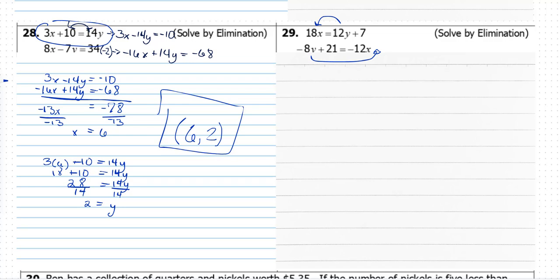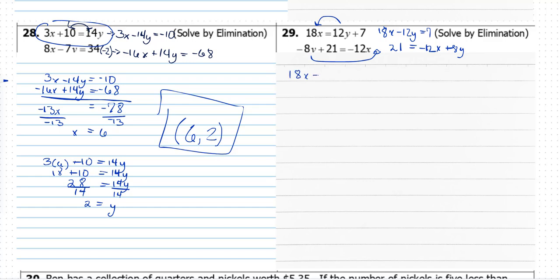So when I rewrite that, I have 18x minus 12y is equal to 7. And on the other one, I have 21 is equal to negative 12x plus 8y, which is not the way we're used to seeing it. We usually see it the other way around. So when I'm rewriting it down here, I'll write it the other way around.